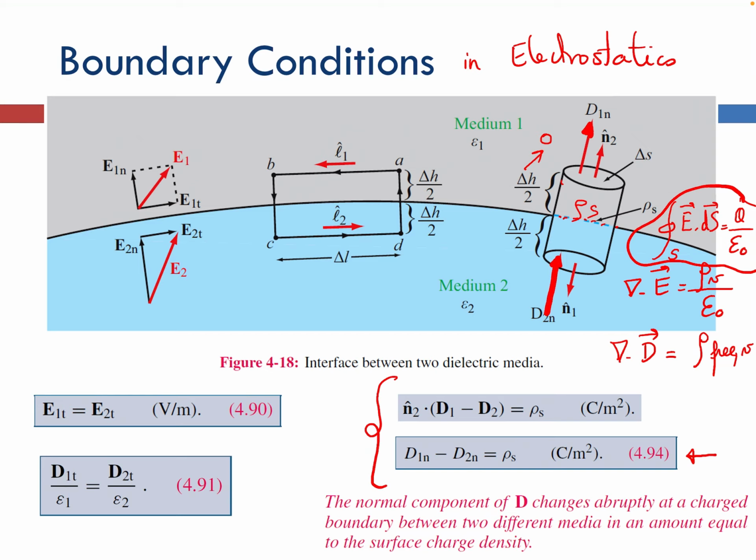And similarly for the tangential components, we are using the curl, the second Maxwell's equation in electrostatics, that tells the curl of the electric field E is always zero, and this is equivalent to say that the circulation of the electric field is always zero.